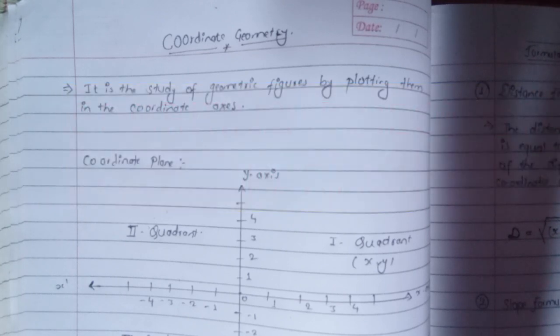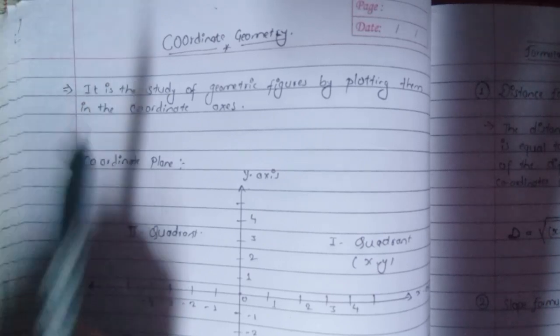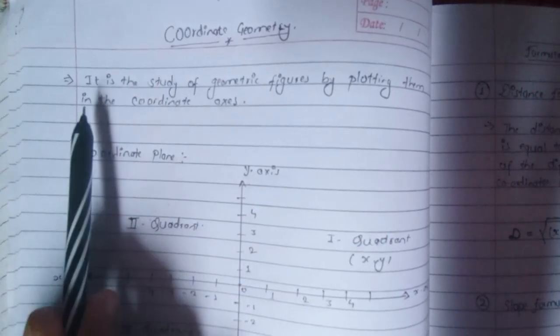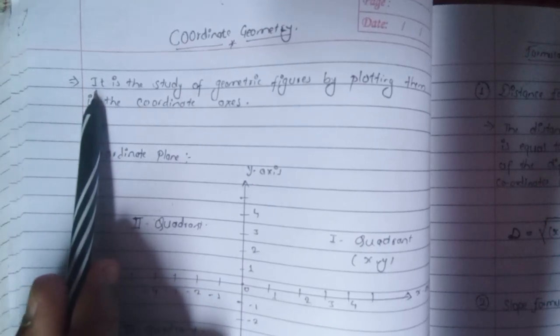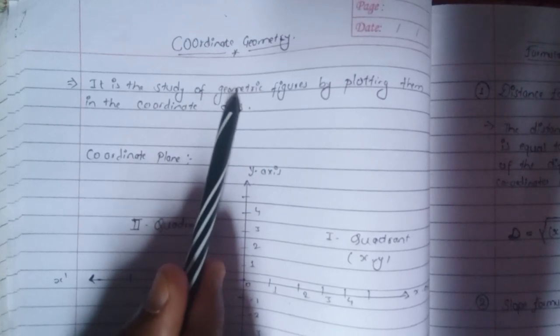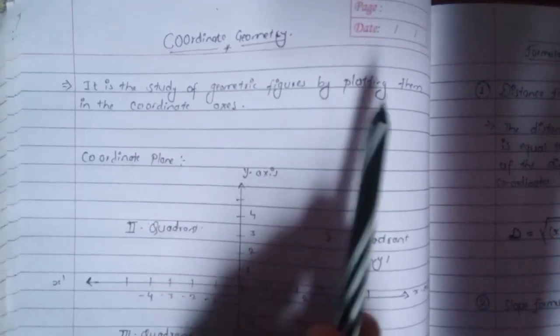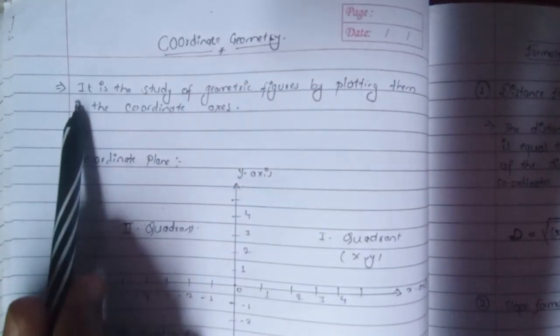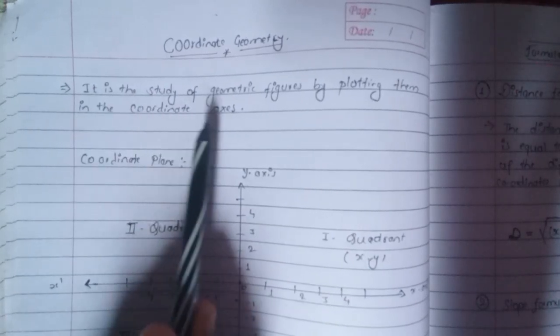First of all, what is the definition of coordinate geometry? Coordinate geometry is the study of geometric figures by plotting them in the coordinate axis.